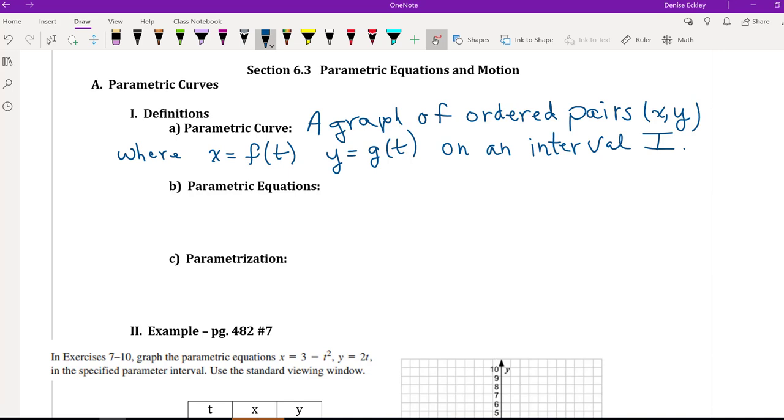So what are those parametric equations? We have two of them, x equals f of t and y equals g of t.